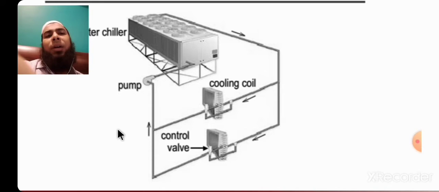So if we have a constant air volume system that we already learned in CAV, when the room temperature gets normal, the thermostat sees the room temperature reach the set point, and this valve shuts off the chill water coming into the cooling coil. So the air flowing across the cooling coil will not get cooled down. But if we shut off this valve, the pump is continuously running because the second circuit also needs to run.